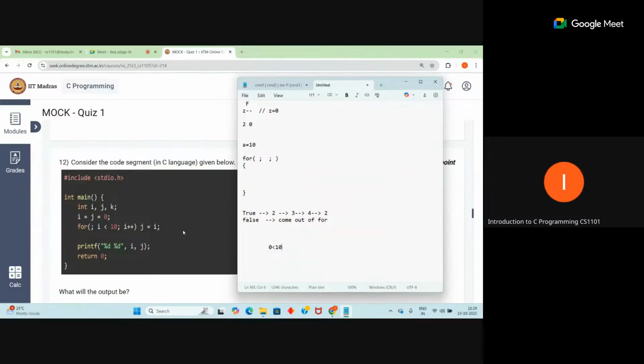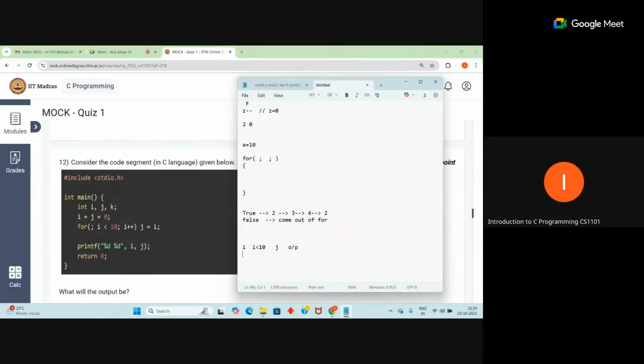J equal to I. Okay. So I'm writing all the variables here: the I value, the condition I less than 10, and then the J value, and my output also.